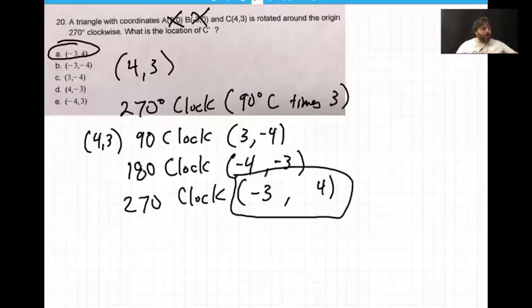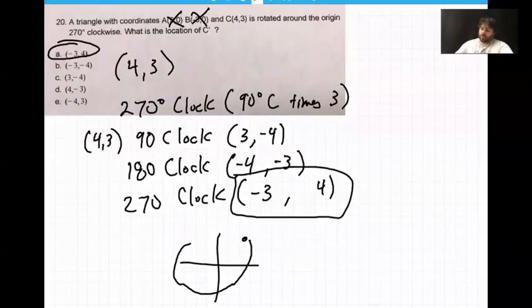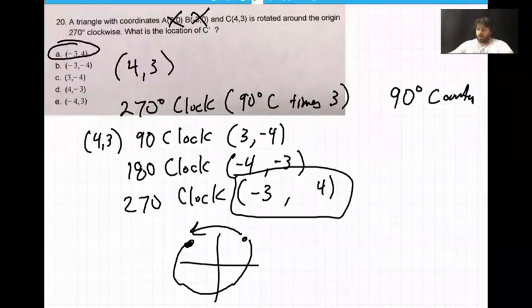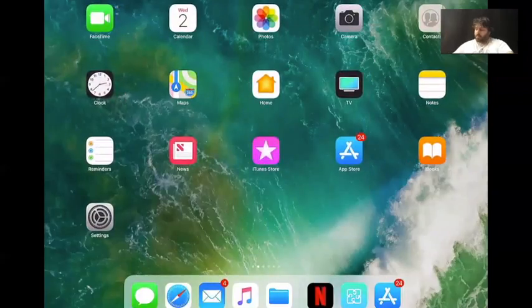Now, ultimately, what I would do here, which would be a little bit faster, would be to realize that if I take something and I rotate it 1, 2, 3 times around, I could have just gone the other direction, 90-degree rotation. So really, it should be equivalent to a 90 degrees counterclockwise, okay? Now remember how that works: you take the two numbers and you still switch them, but then you change the value of the first number instead of the second.